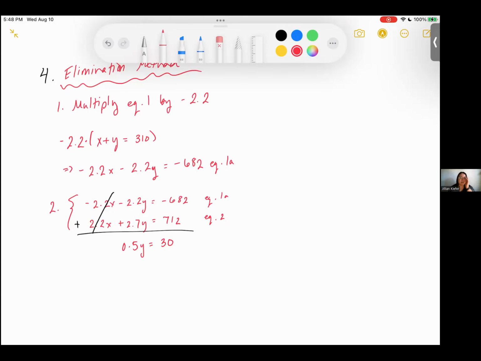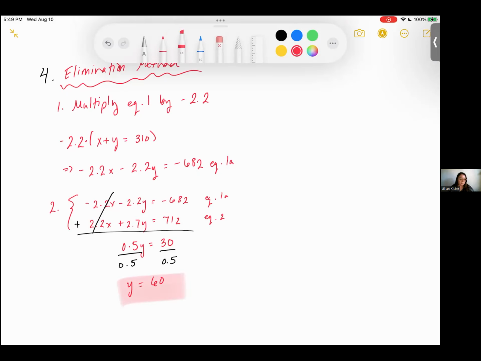So we want to get rid of the 0.5 here. So we're going to divide each side by 0.5, which is going to give us y is equal to 60.